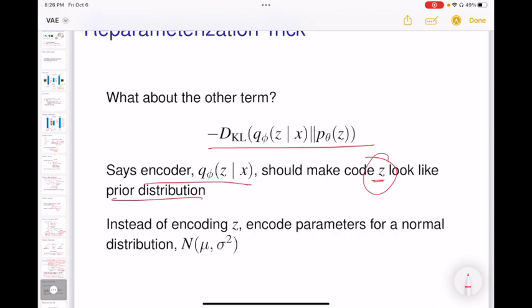So when we are encoding the image x into the latent space as z, the encoding should look like it's part of a prior distribution that we have over z. The prior distribution is represented as p theta of z, which is the distribution of all the z's that we are considering.